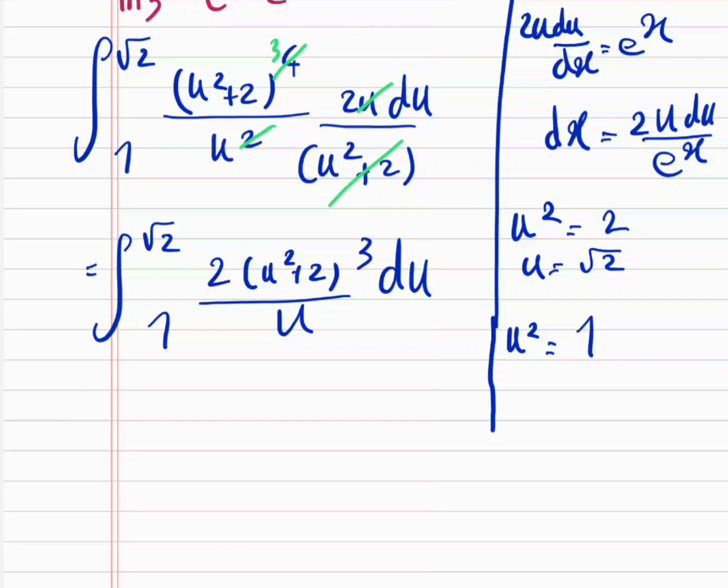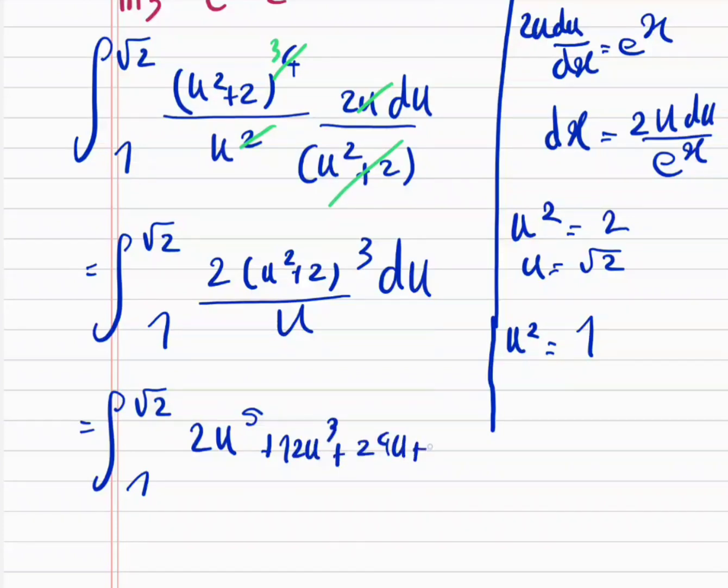Now we just expand the bracket and simplify. This is just some algebra really. Once we do all of the steps, we get 2u to the power of 5 plus 12u cubed plus 24u plus 16 over u du.